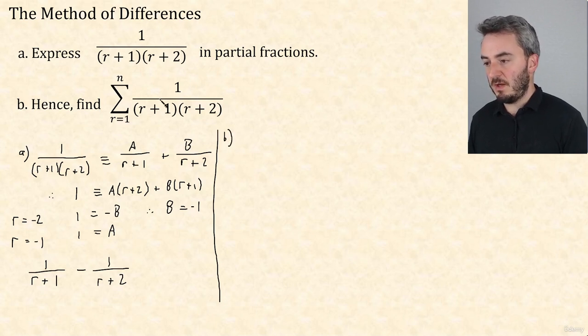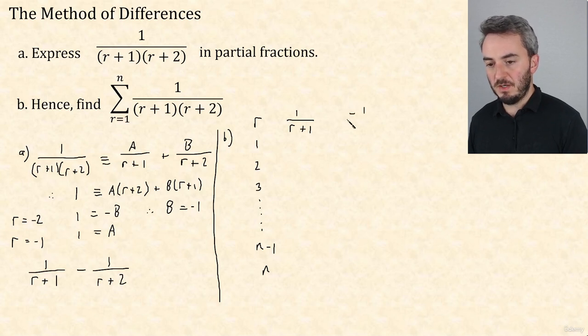So in thinking about this sum, r is going to start at 1, then 2, and 3, and so on, all the way to n minus 1 and then n. So our fractions are 1 over r plus 1 and minus 1 over r plus 2. When r equals 1, we've got 1 over 2, and then 1 over 3, and then 1 over 4.